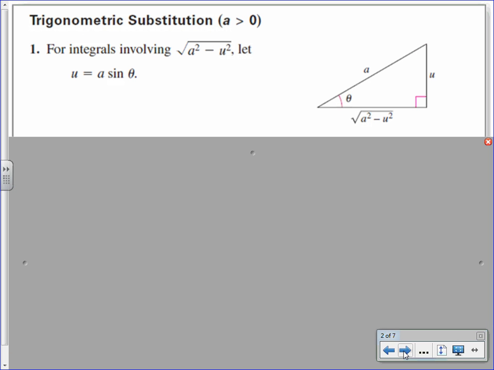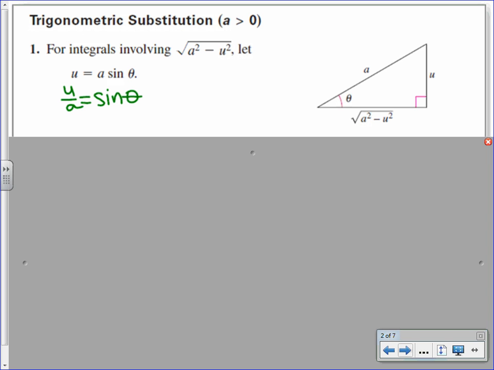So, first, let's look at the case where we have the square root of a squared minus u squared. If we let u equal a sine of theta, why would we do that? Well, first of all, the sine of theta would be u over a.